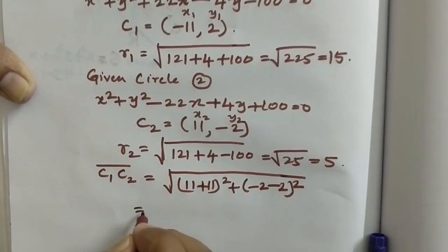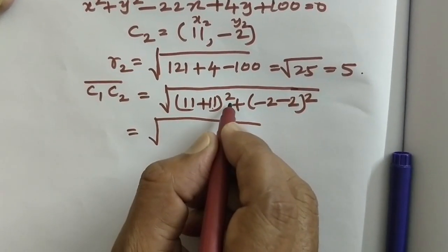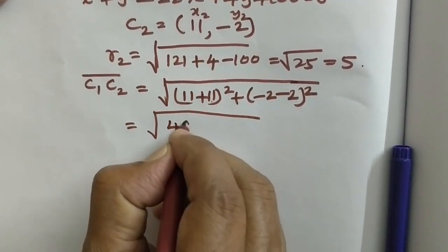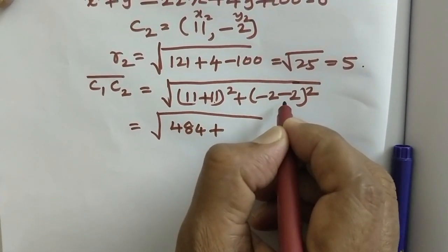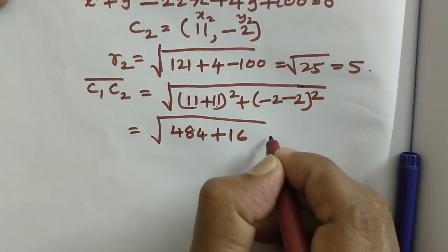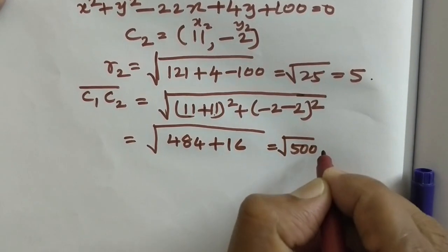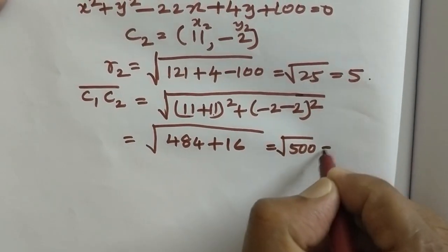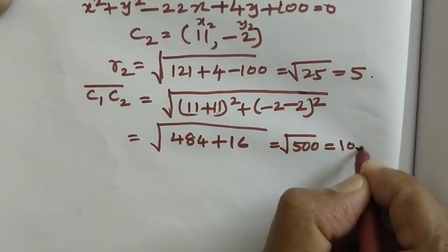This gives us 11 plus 11 is 22, 22 square 484, plus minus 4 whole square is plus 16. That gives you root 500. How much is it? 100 into 5, 10 root 5.